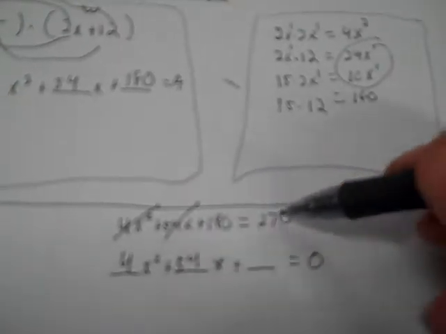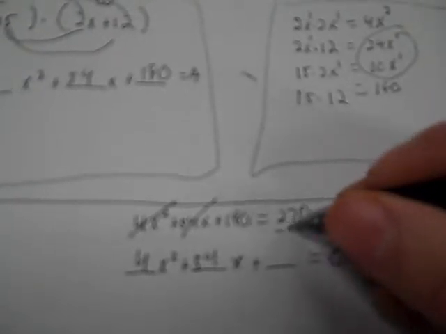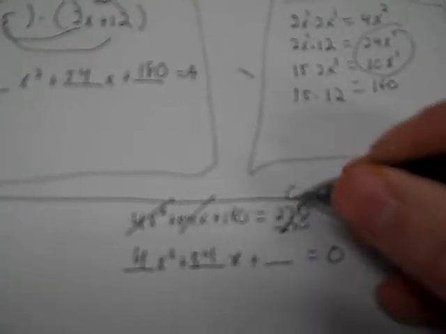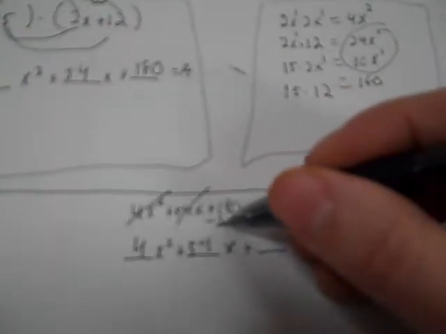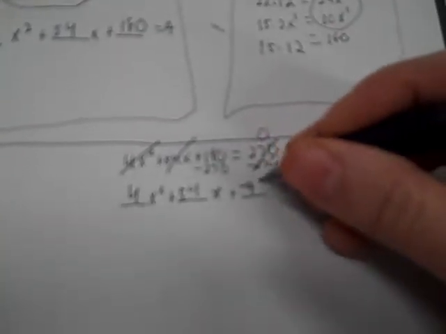Now these two numbers are on opposite sides, so don't just add them. You need to take 270 minus it, and now you have 0 just like you're supposed to have, and then you subtract the 270 from 180, which is negative 90. Now we're set equal to 0.